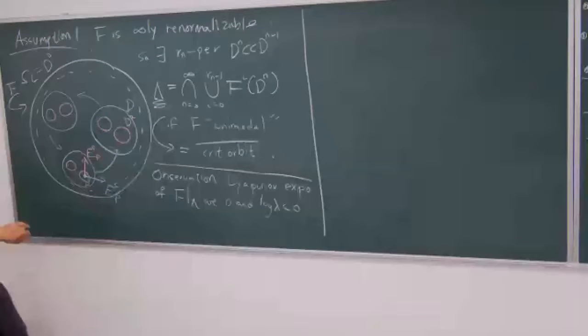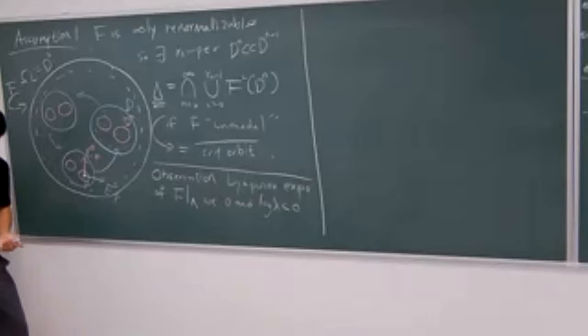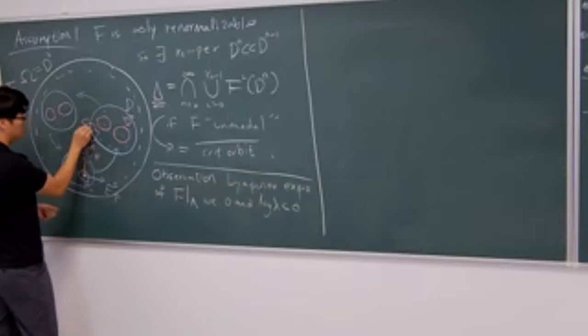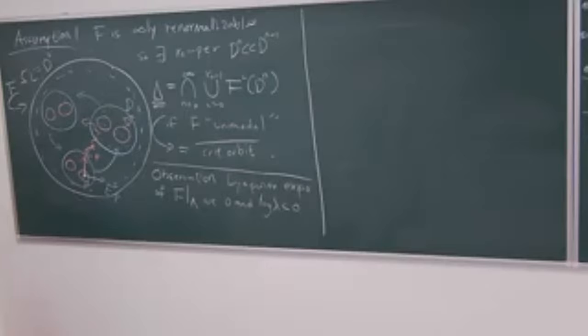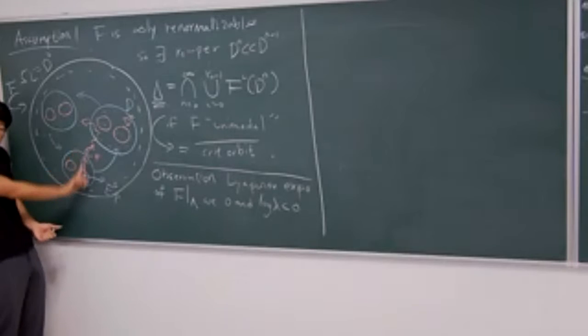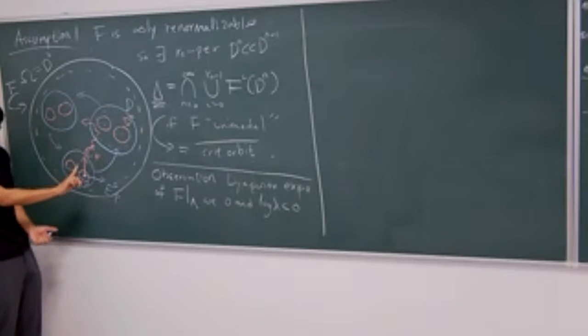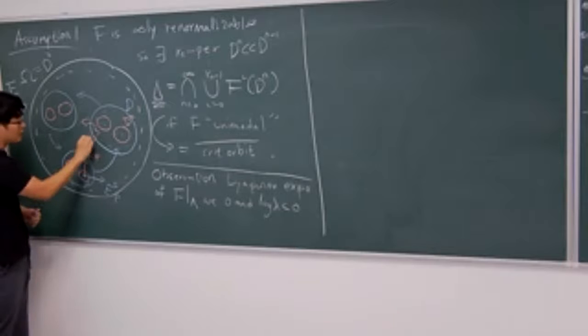Along the stable direction, as you go forward, on average you experience exponential contraction by lambda. So when you iterate F and look at the growth rate of the derivative along the stable direction, on average it'll be like lambda.